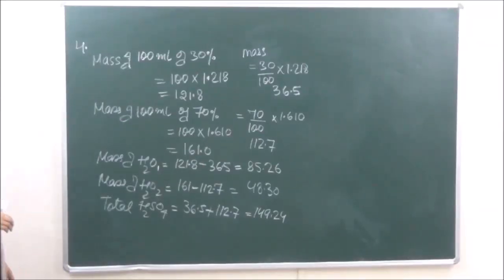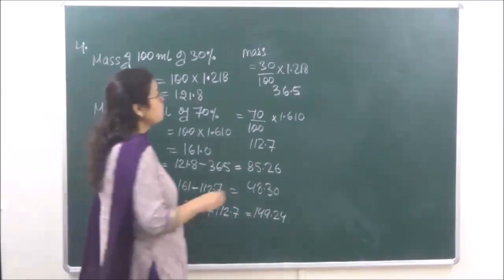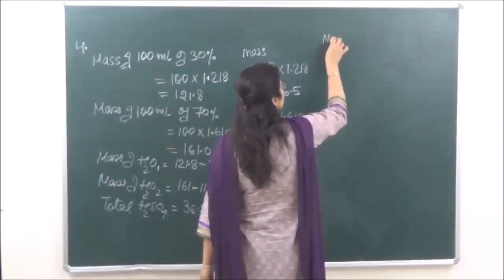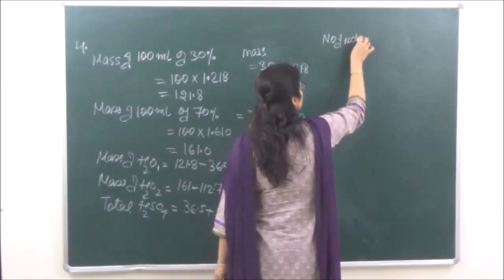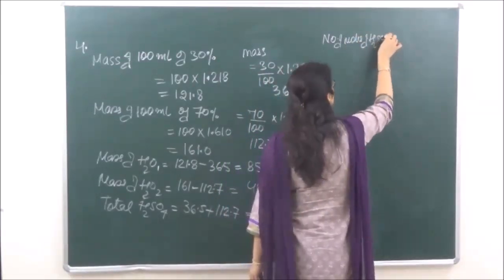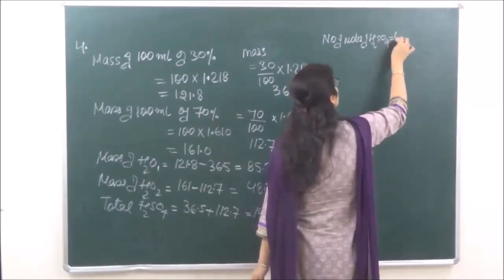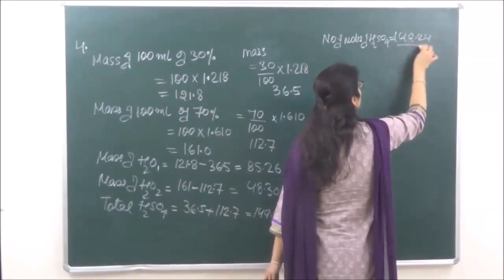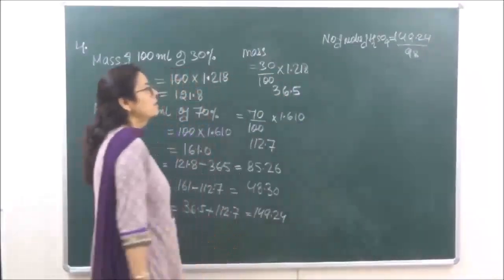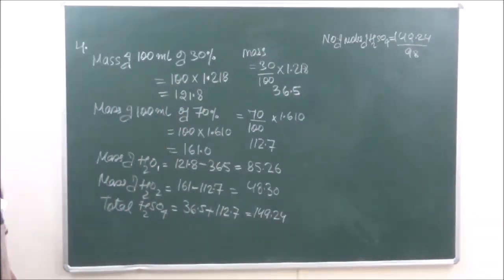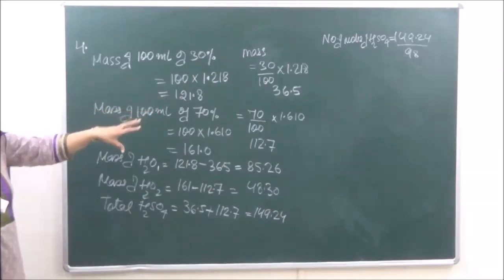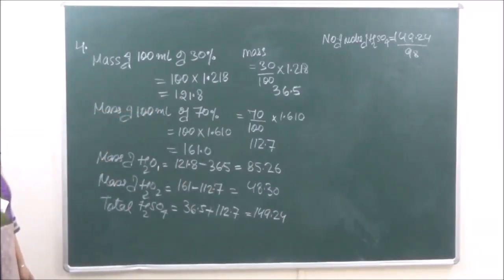Now can we calculate the number of moles? Number of moles will be weight given upon molar mass. Weight given is 149.24 upon 98. This when calculated will come to some figure. Let's just keep it as it is. We will not solve it so that our solution becomes easier for us. So this is the number of moles of H2SO4.